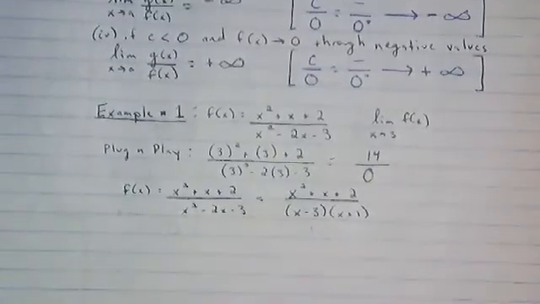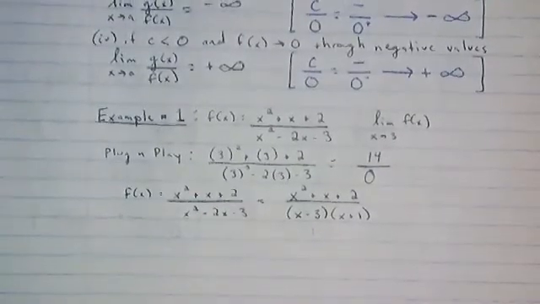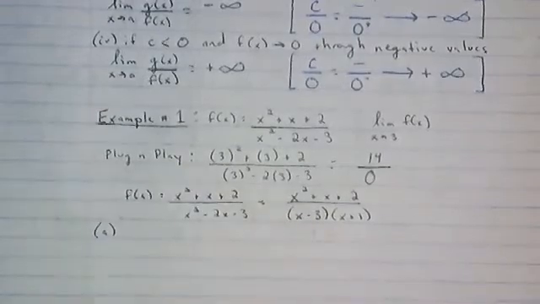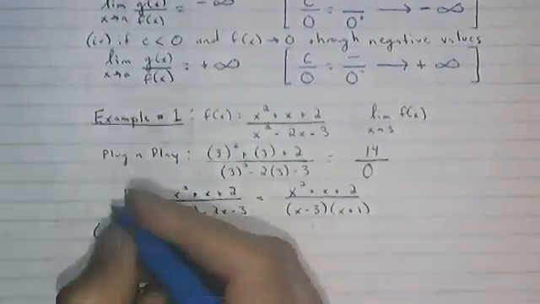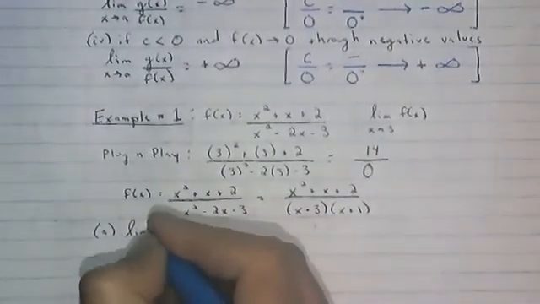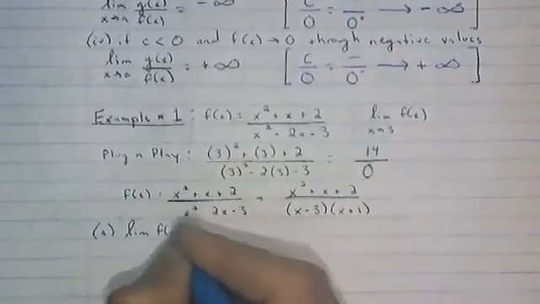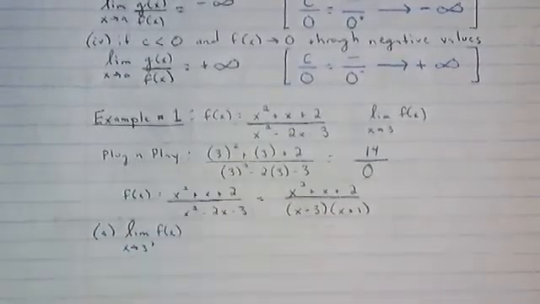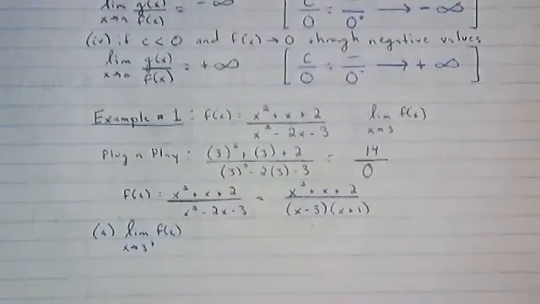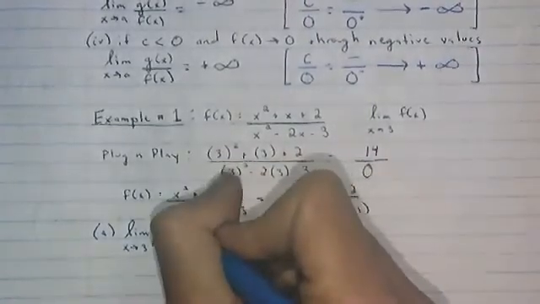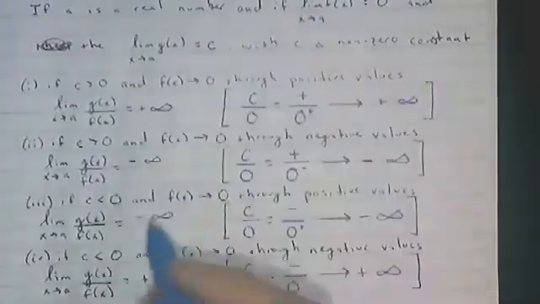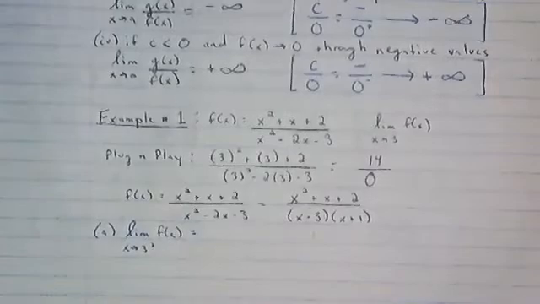Nothing cancels out, but it's just kind of nice to play with here and will help our approach in finding what the function is doing as we approach 3. So the limit of f of x as x approaches 3 from the right. We turn this into a plug and play situation, but with an eye towards this up here, trying to identify which of our 4 possibilities we are in.